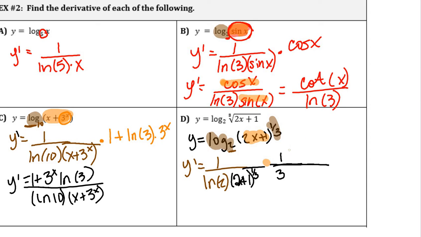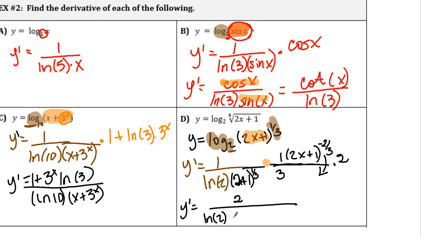When I take away one from the exponent, I have negative 2/3 times the derivative of the inside, which is just 2. So making this a little bit nicer, I'm going to move this to the bottom. So I have just a 2, natural log of 2.